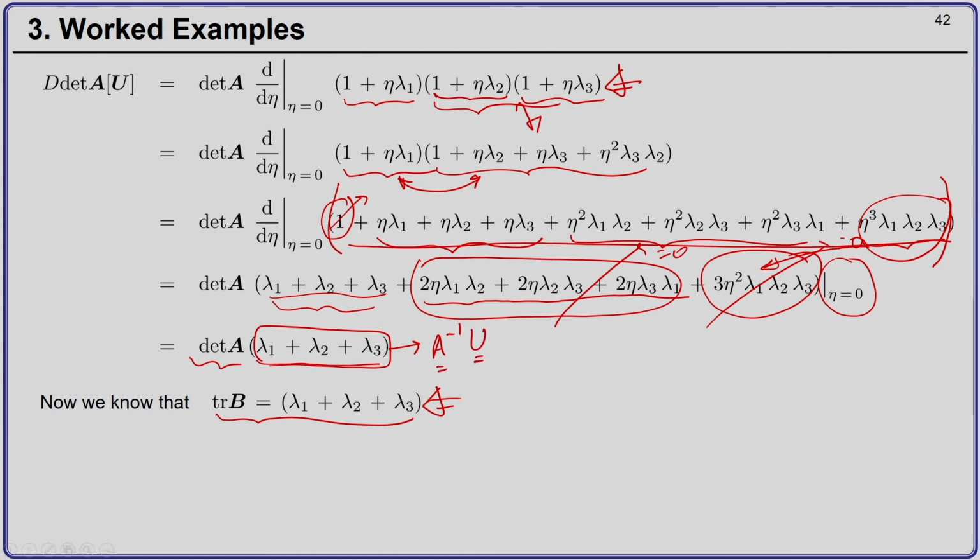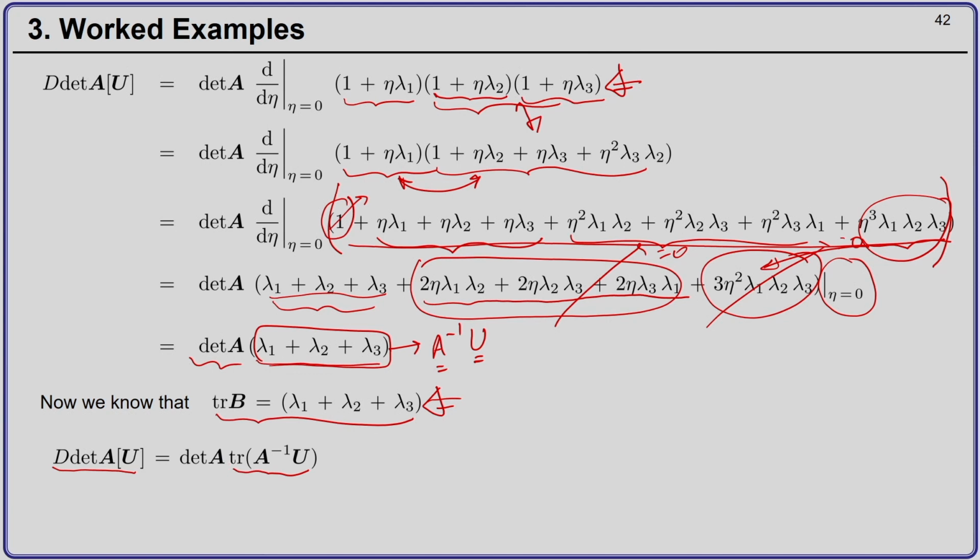Using this property we can write that particular term as trace of the tensor A inverse u. So, now we have reduced the directional derivative of determinant of A in the direction u as determinant of A into trace of A inverse u.